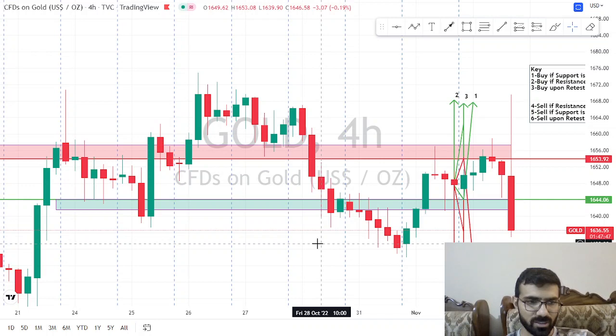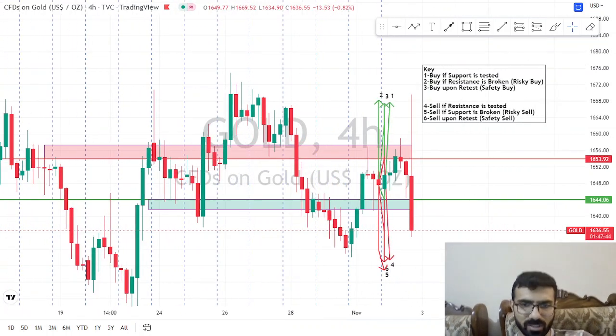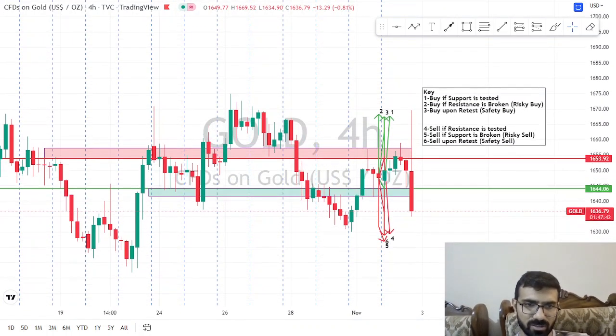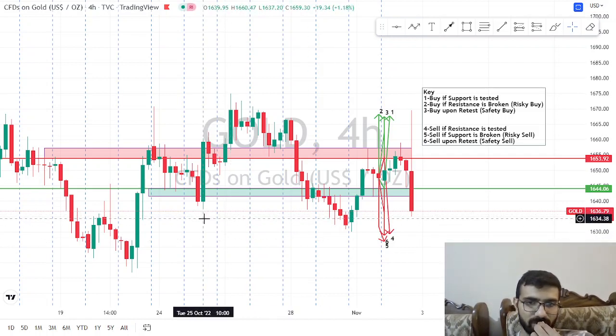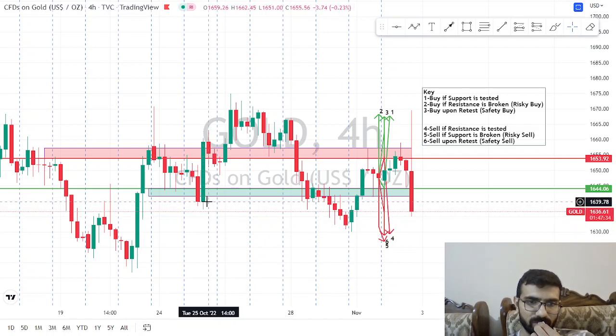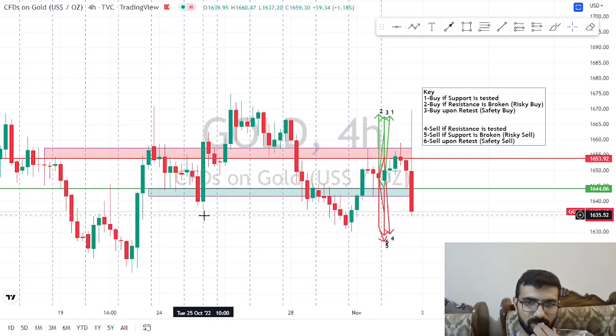And afterwards, do we have anything recent? No, then we have an area of resistance over here. Okay, so this will be the area of support till this and this area.